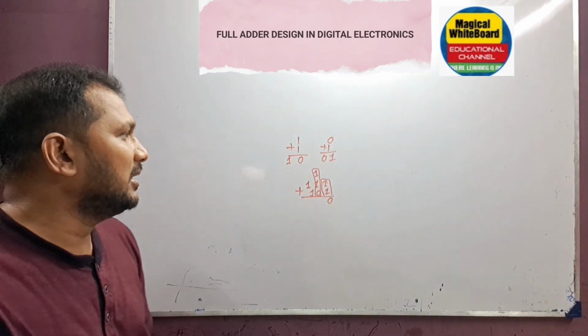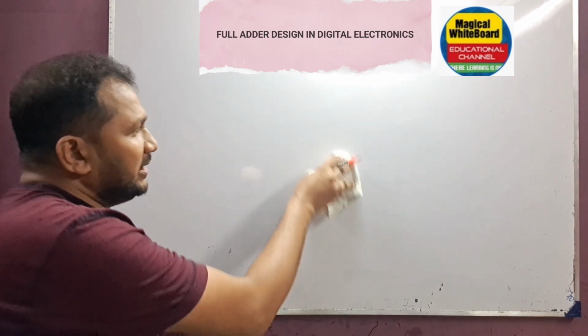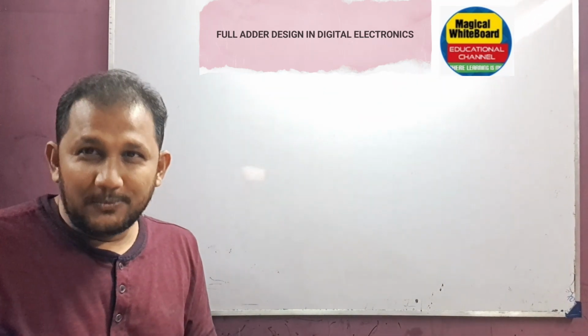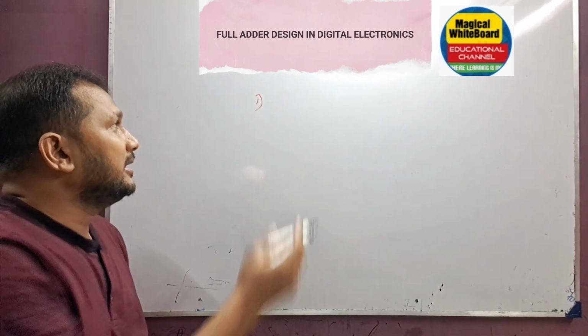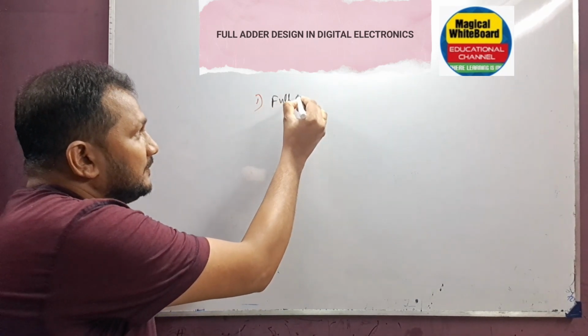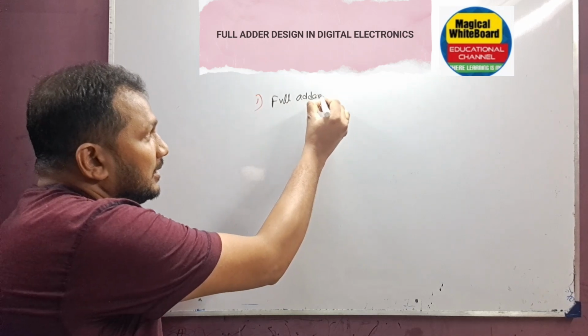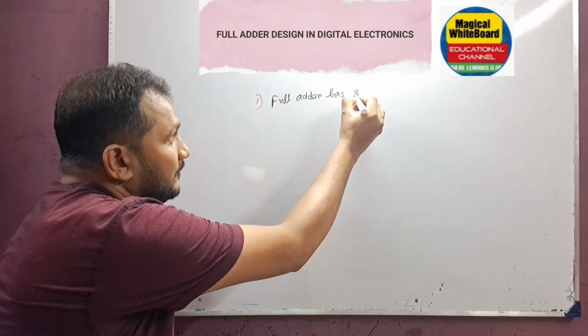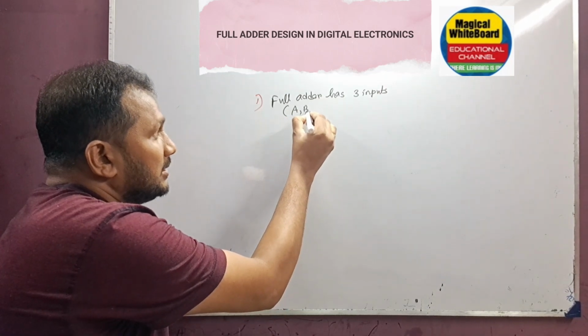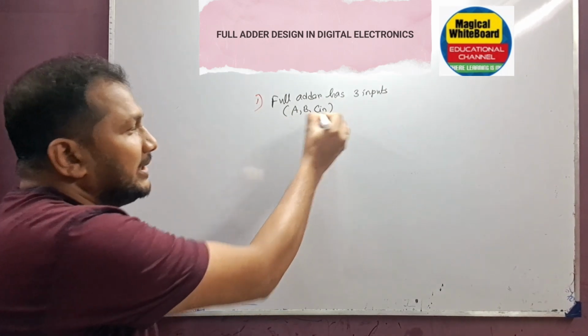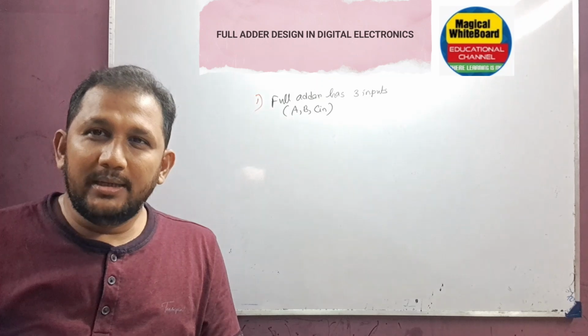So let us consider the designing process of a full adder. The first point is, the full adder has 3 inputs: A, B, and the third one is C in. C in means carry in.